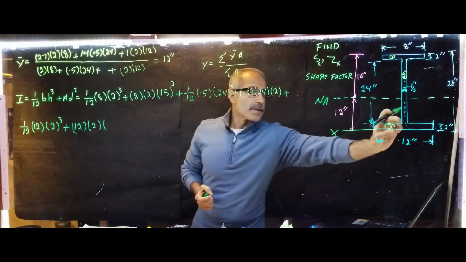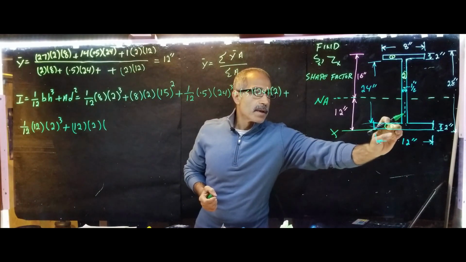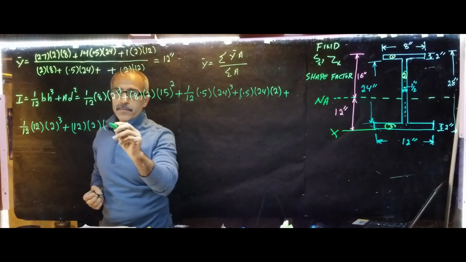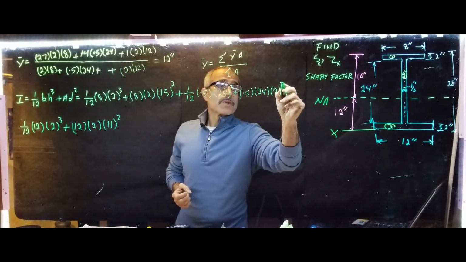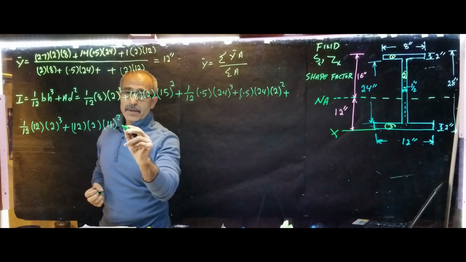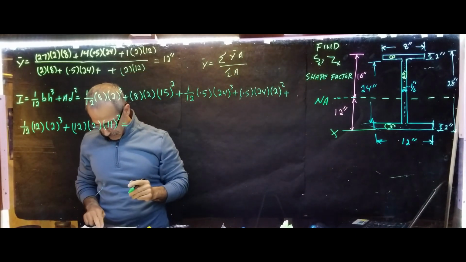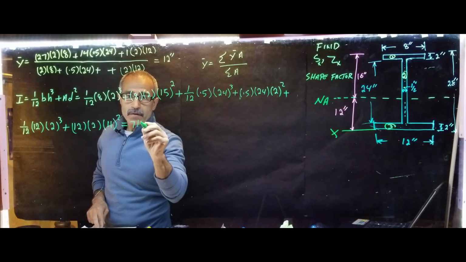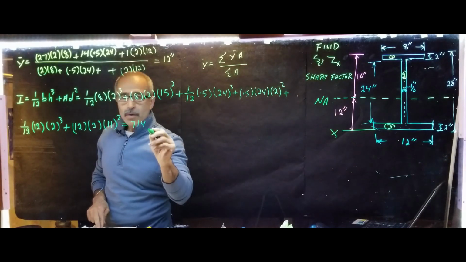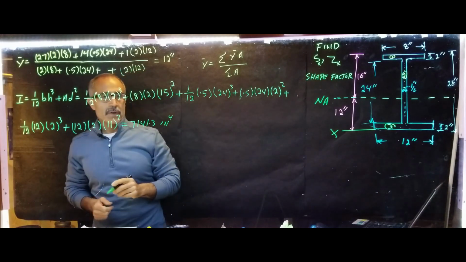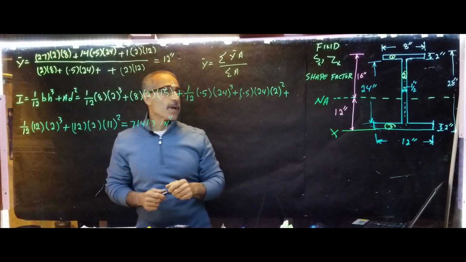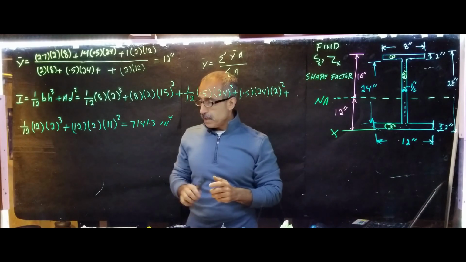Because this is 2 inches, so I'm 1 inch up, and then there'll be 11. 11 squared, and this should be squared, by the way. So that comes out to, I have calculated that to become 714.1.33 inch to the power 4. Perfect. Now we have calculated the moment of inertia.